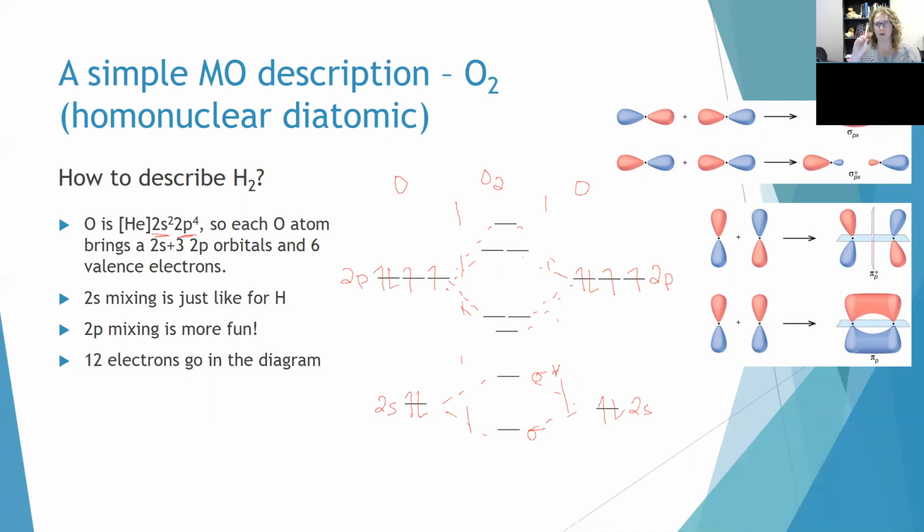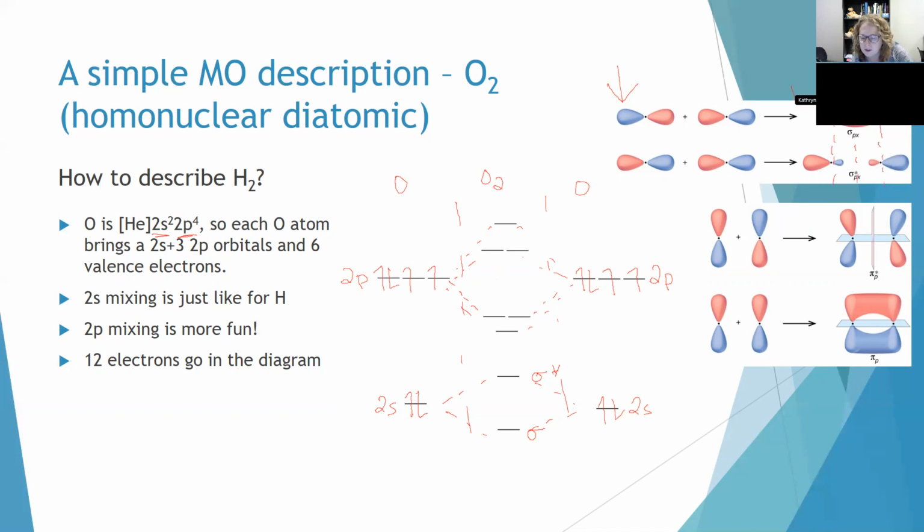Remember, p orbitals can point up and down, they can point side to side, or they can point in to out. And the direction of the mixing actually matters because we have one set of mixing, and that's this one up here, where the p orbitals mix head to head. And you notice that all of the nodes, here's my little dots for the nuclei, all of the nodes divide the nuclei.